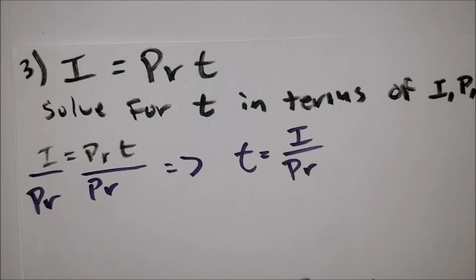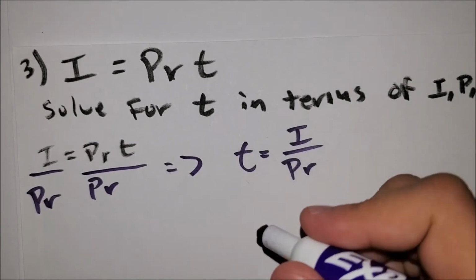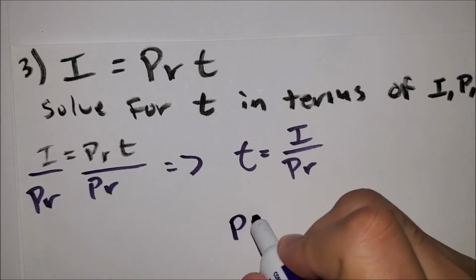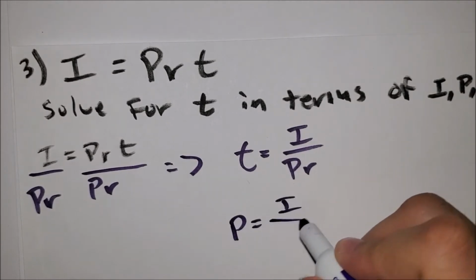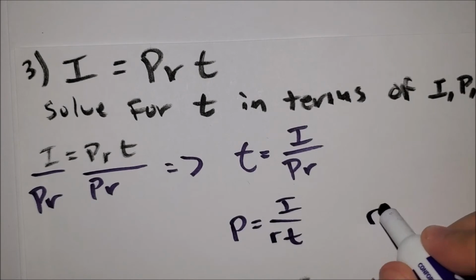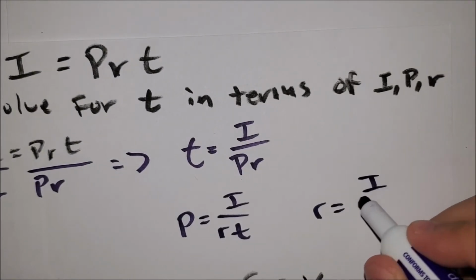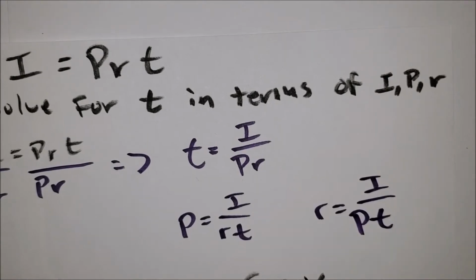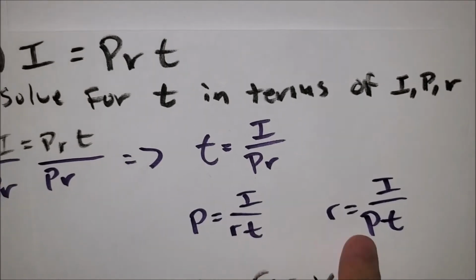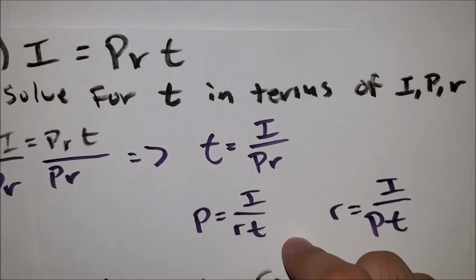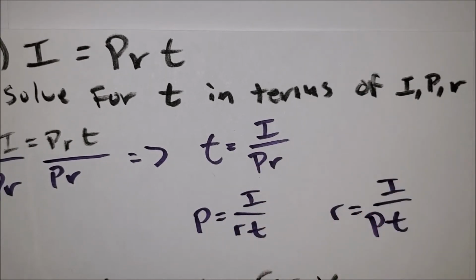What this would come up to be would be that P would be I over RT, and R would be I over PT. Once again, you get all three using the same overall process.